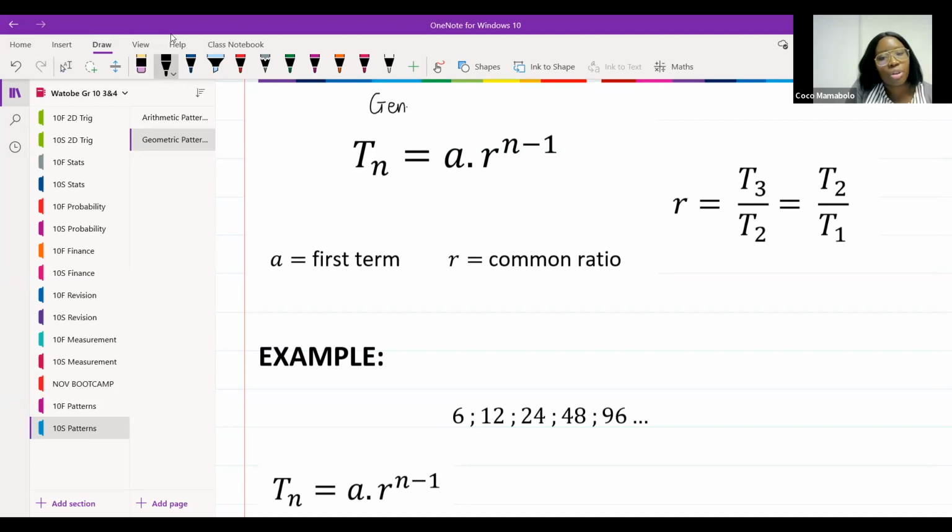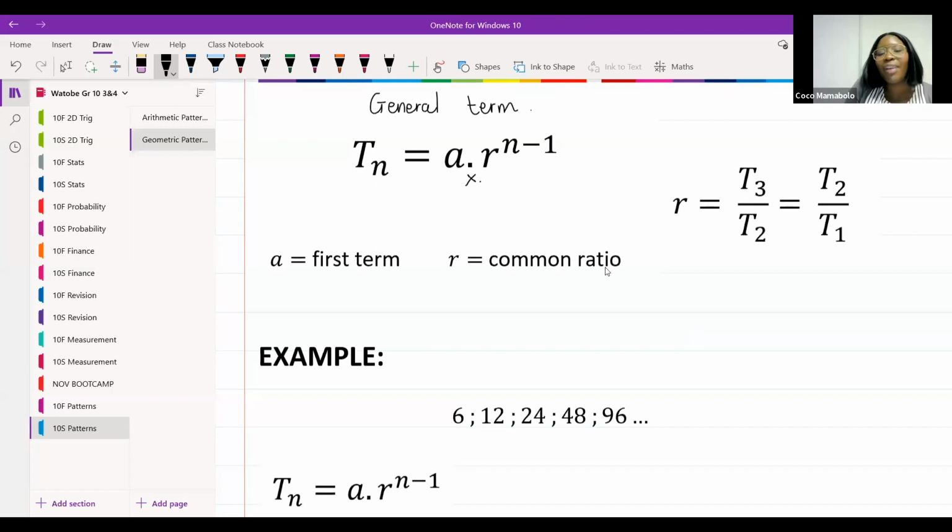This is the general term: Tn is equal to A multiplied by R to the power of n minus 1. The little dot is multiply, so on your calculator, put in a times. Don't use the comma or the dot. R is our common ratio. That is the general term.